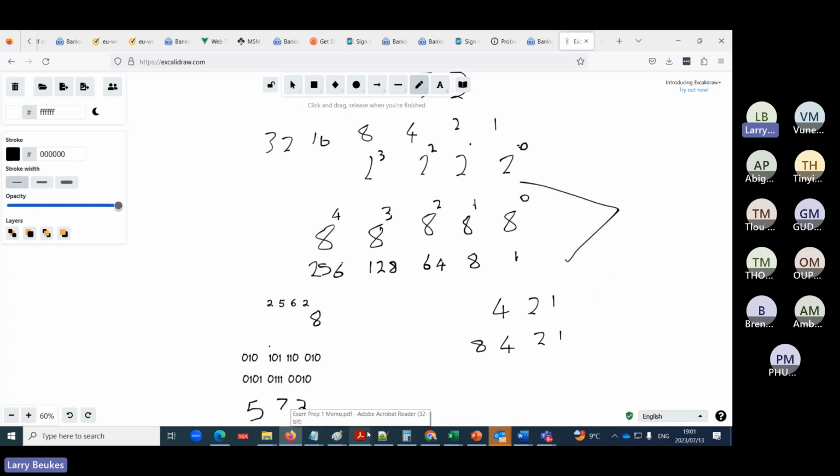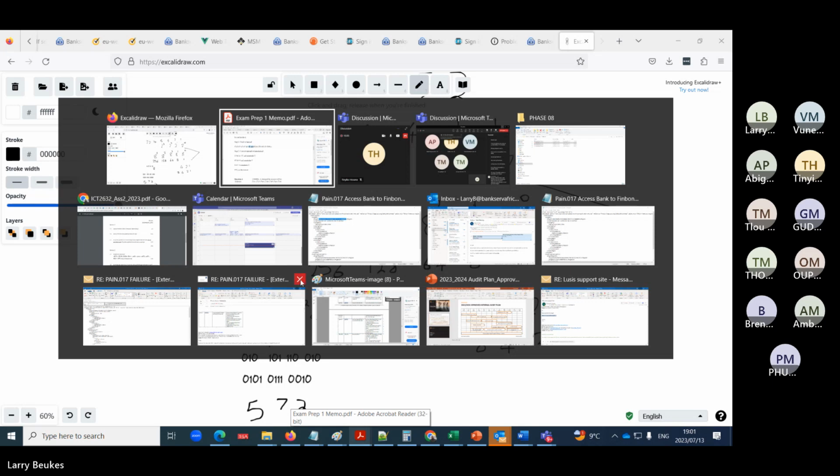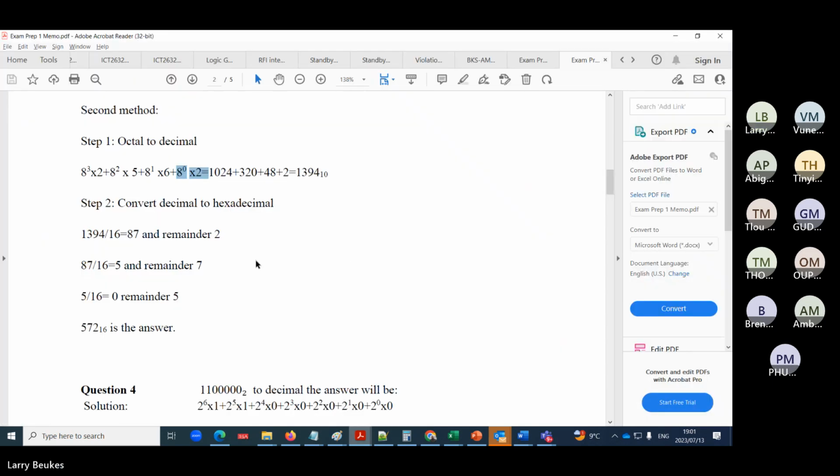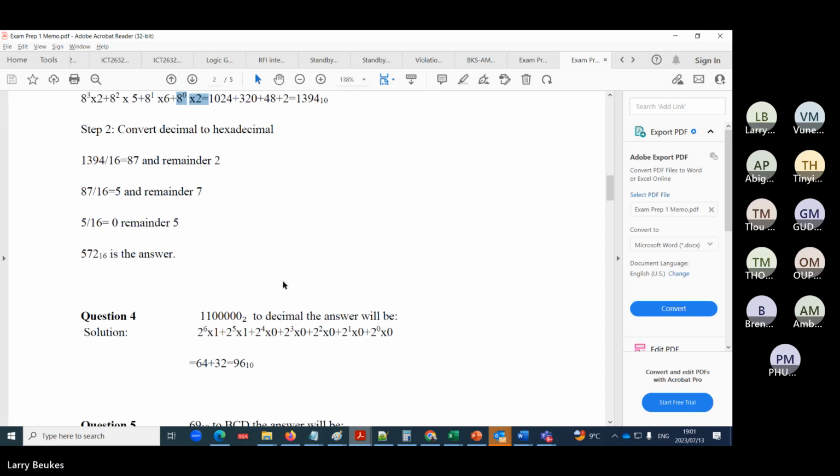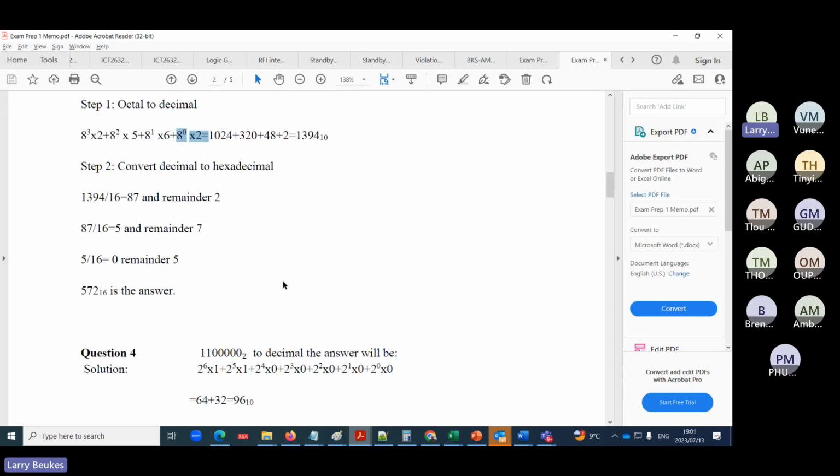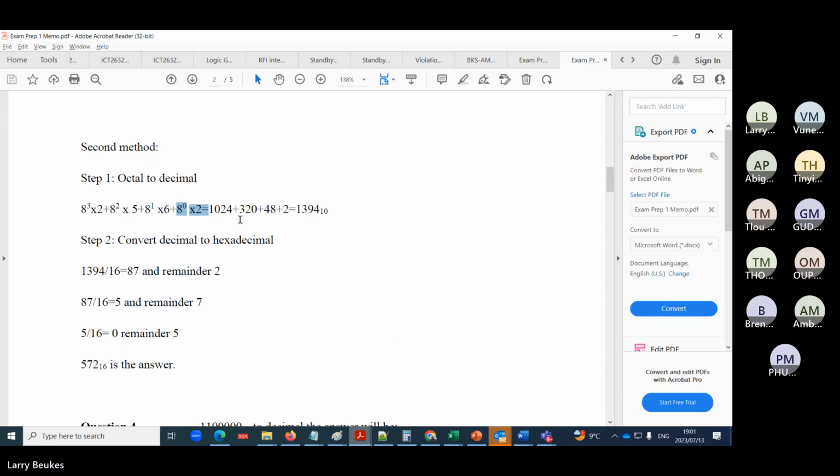Let's just confirm. Here it's a 2, which is right, because 8 to the power 0 is 1, so that's why you have a 2 here.